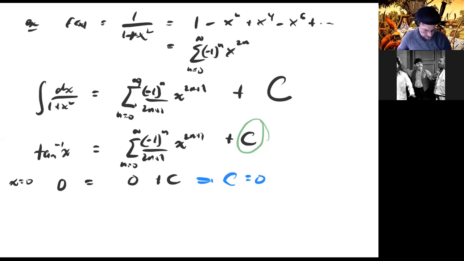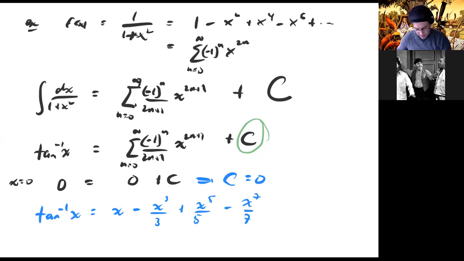So therefore, we get the following expression: arctangent of x is equal to the sum, which I'll write out. When n equals 0, you're going to get x, and then we're going to get minus x cubed over 3 plus x to the 5th over 5 minus x to the 7th over 7, and so on.